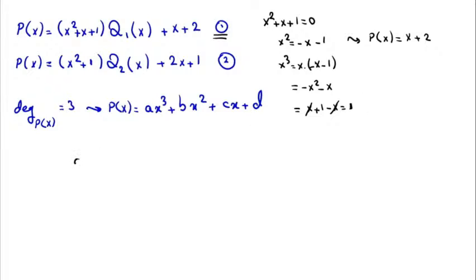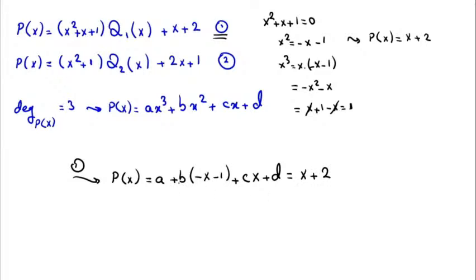So let's analyze all these things from this equation and the things we've reached. If we analyze 1, p of x will be what? X cubed is 1, so it will be a, plus b times x squared, which is negative x minus 1, plus cx plus d, equal to x plus 2, the remainder.